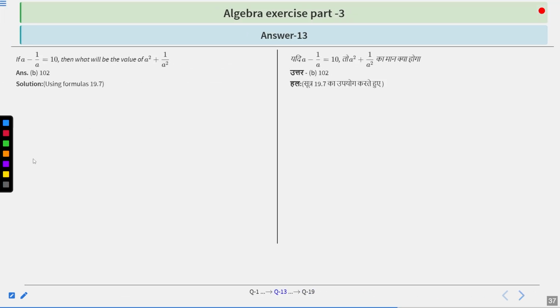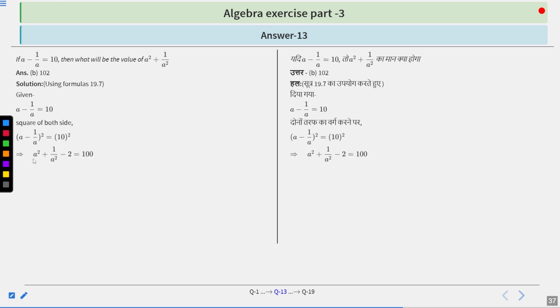Now, we are going to use formula 19.7 to solve this question. We were given a minus 1 upon a is equal to 10. Square of both sides. A minus 1 upon a's whole square is equal to 10 square. A minus 1 upon a whole square is equal to a square plus 1 upon a square minus 2.